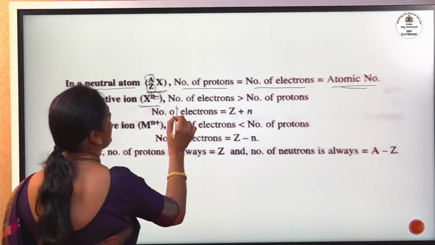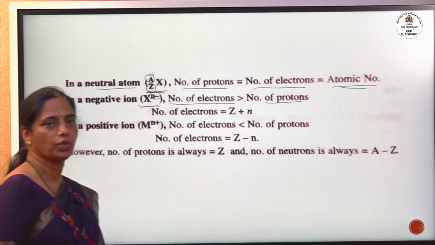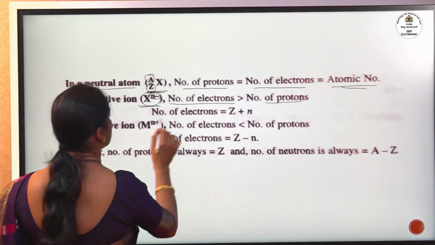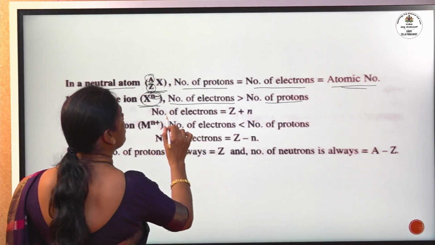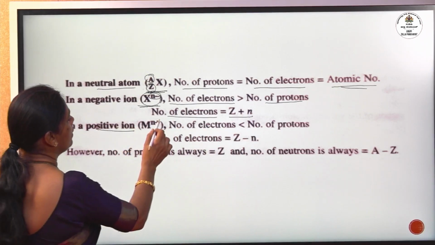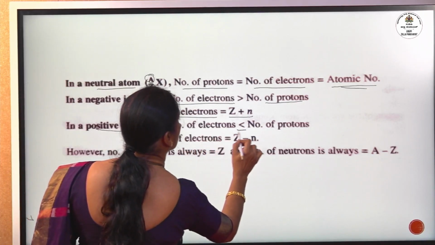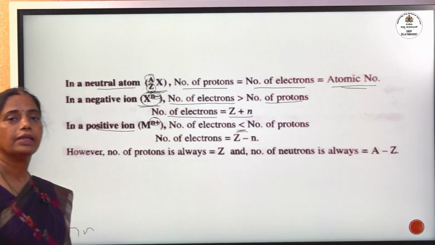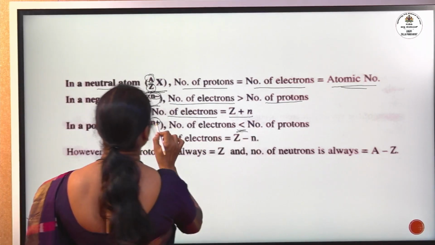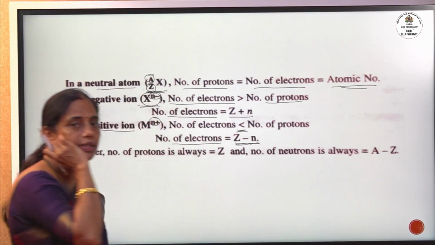In this case, number of electrons is greater than number of protons, so the ion gets a negative charge. Number of electrons is equal to Z plus N. If we take a positive ion, positive charge it has. Number of electrons is less than number of protons, so it gets positive charge. Number of electrons can be calculated as Z minus N.